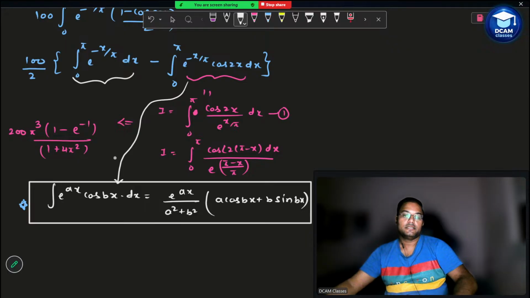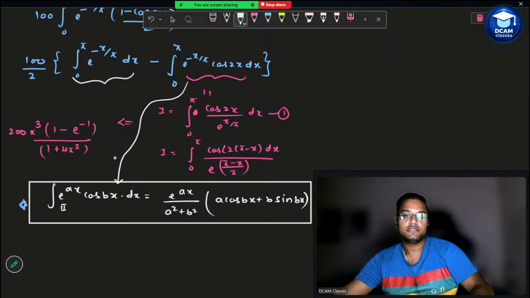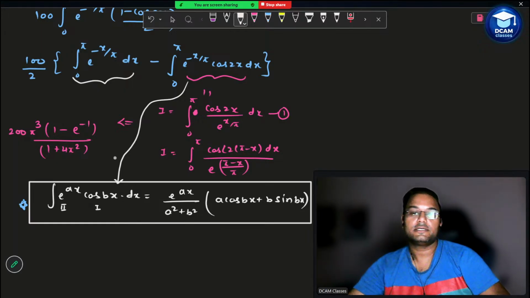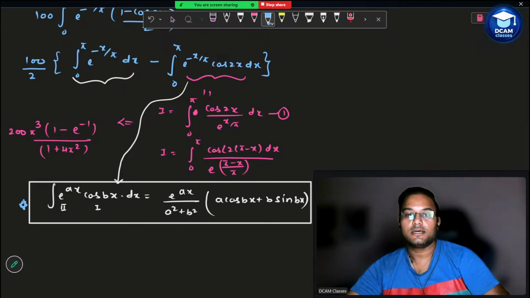And how do you get the result? Take this as the second function, this as the first function. You'll get this result. Let me show you. Then A will be minus 1 by pi and B will be 2.